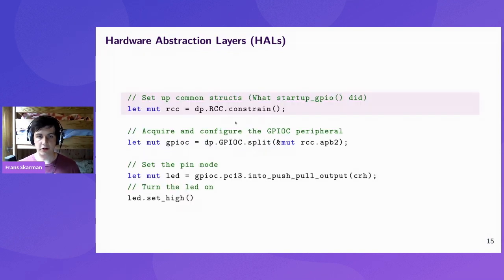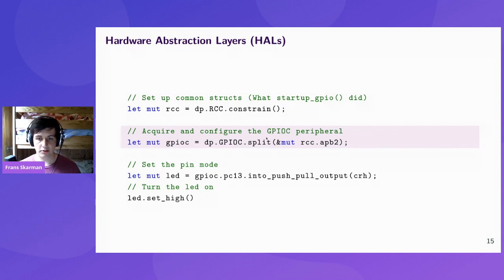So yeah, how would turning on an LED in a HAL look then? Well, we first need to start up the GPIO or the RCC register, put it in a known state that the HAL can work with. That's done through the constrain function or something similar. And that gives us a struct for the RCC register that we can then pass to the next function, the function that configures the GPIO pins themselves for the GPIO peripheral.